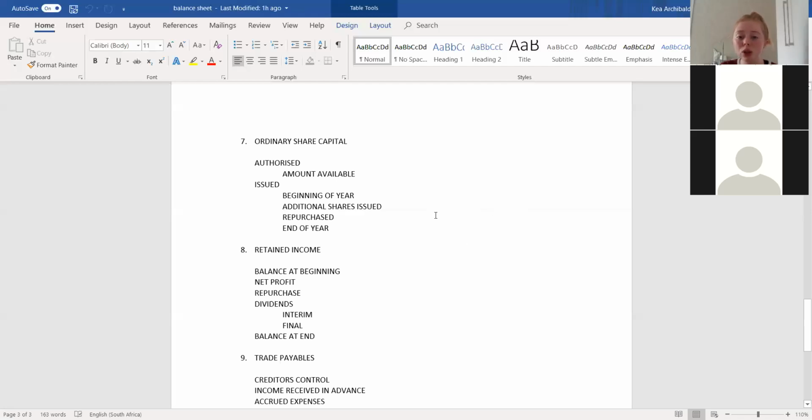Again, this repurchased was calculated at the average cost of the shares, and you'll get your end of year figure. You would then say your end of year figure divided by the number of shares at the end of the year to get your Rand per share amount, the balance that we are sitting at the end of the year.